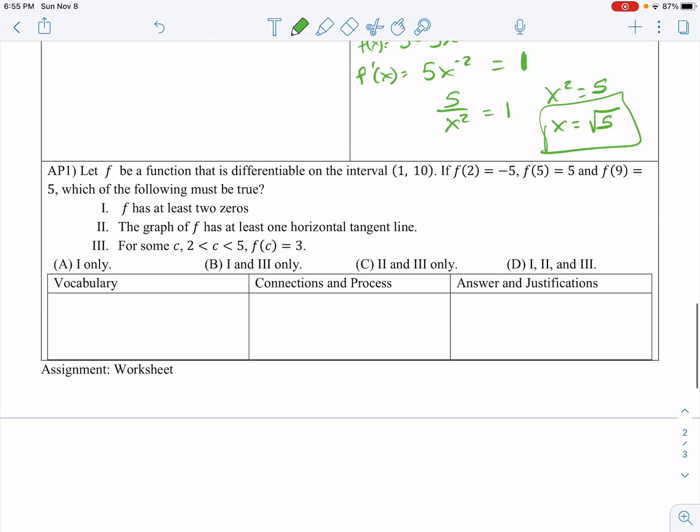All right, let f be a function that's differentiable on the interval from 1 to 10. If f of 2 is 5, f of 5 is 5, f of 9 is 5, which of the following must be true? Has at least 2 zeros. Let's plot this puppy. F of 2 is negative 5. F of 5 is 5, and f of 9 is 5.